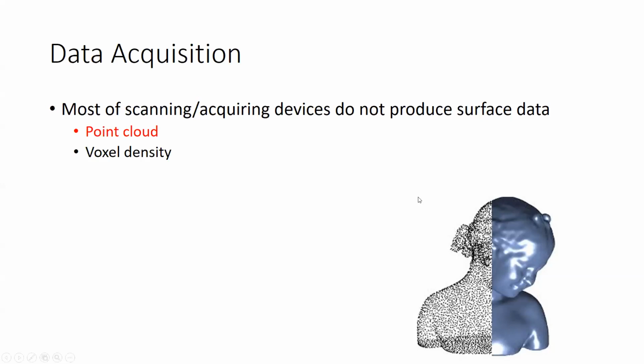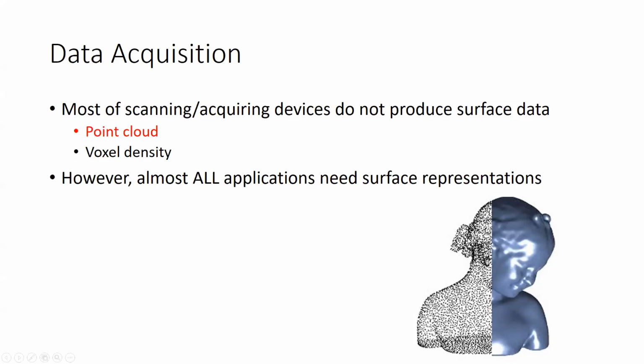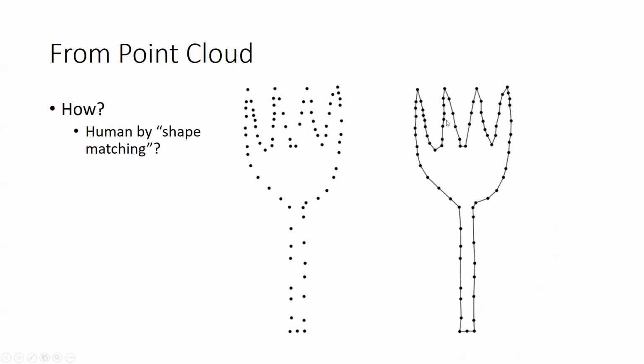First, point clouds. That means I'm given points, and I want to find triangles. Think about it. We played this in our childhood, connecting the dots. You're given the dots and you want to connect them. Most of the time we do have numbers, but if you don't have numbers, how do you connect them?